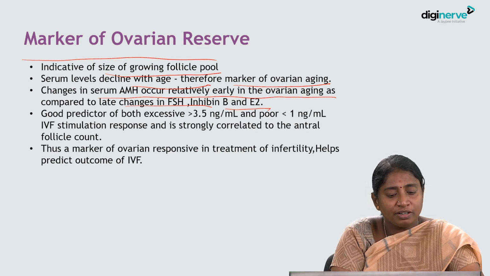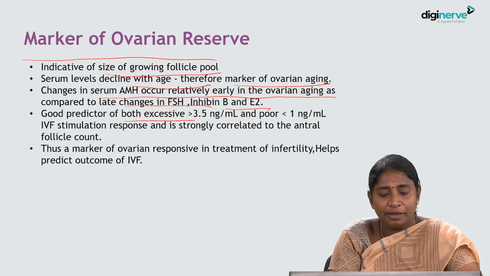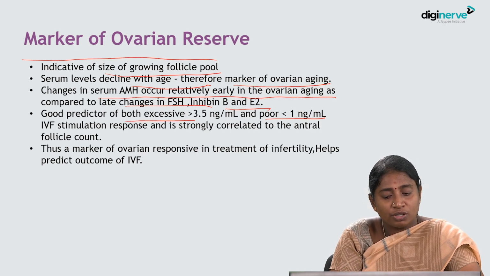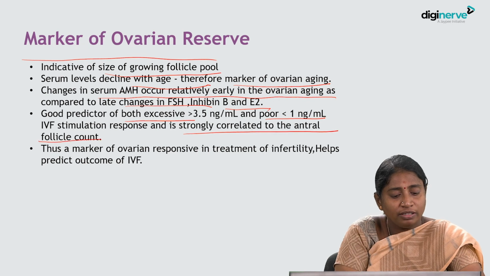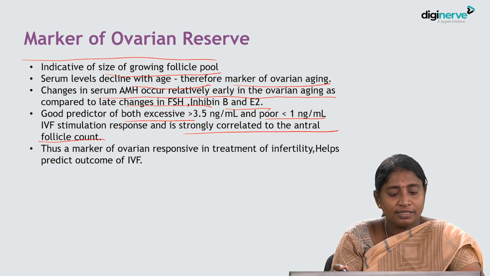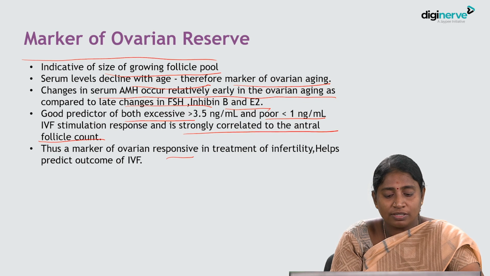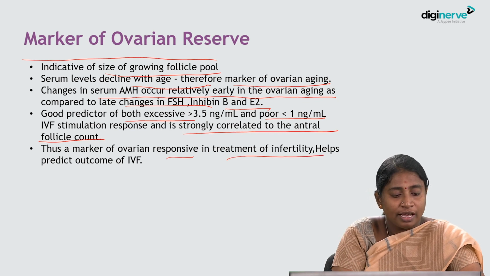It is a good predictor of both excessive response, more than 3.5 nanogram per ml, and poor response, less than 1 nanogram per ml, in IVF stimulation, and strongly correlates with the antral follicle count. Thus, it is a marker of ovarian response in infertility treatment and helps predict the outcome of in vitro fertilization.